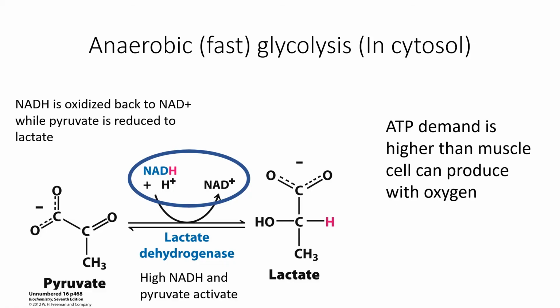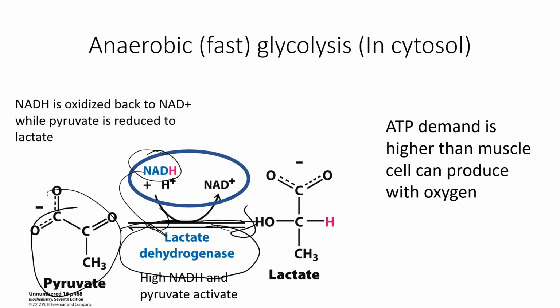We think the accumulation of pyruvate and NADH allosterically activates the enzyme lactate dehydrogenase. When pyruvate and NADH accumulate outside of the mitochondria in the cytosol, we think that they bind to and allosterically activate the enzyme lactate dehydrogenase, which does what? Starts converting or reducing pyruvate to lactate and oxidizing NADH back to NAD.